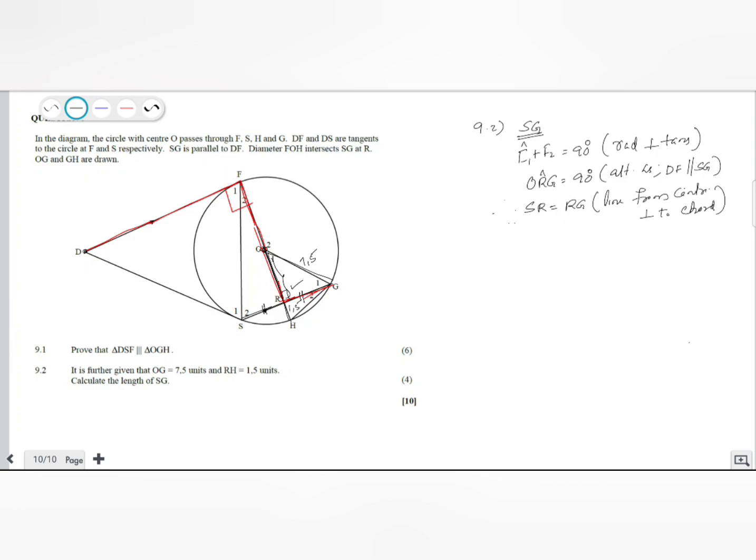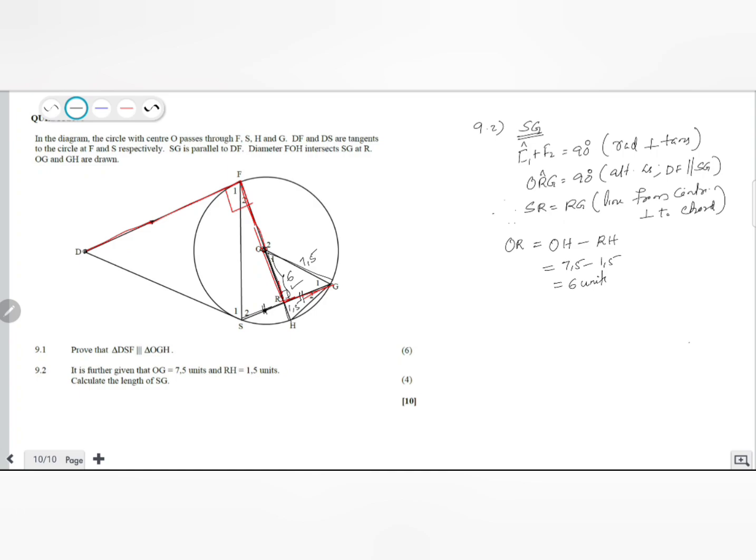Because OR is same as OH, that is a radius minus RH. Do you agree that? Okay, what is OR? 7,5 minus 1,5. So what is that? It is 6 units. This one is 6 units.